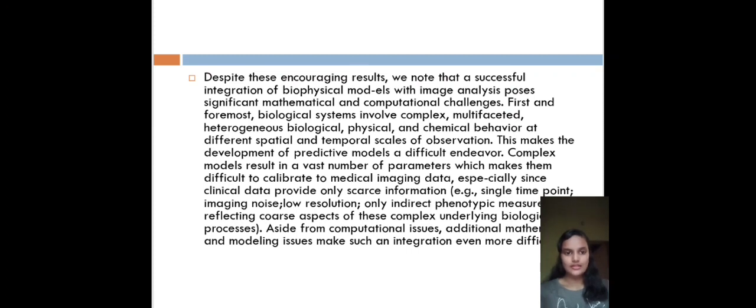Complex models result in a vast number of parameters, which makes them difficult to calibrate to medical imaging data, especially since the clinical data provide only scarce information. And aside from the computational issues, there are additional mathematical and modeling issues that make such an integration even more difficult.